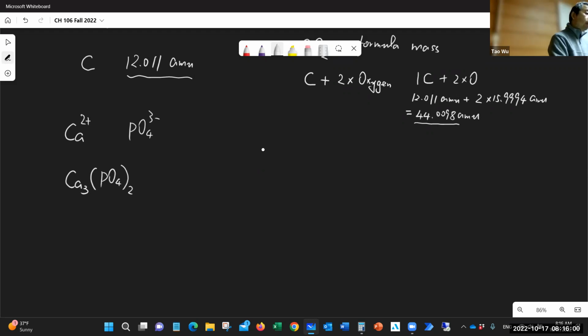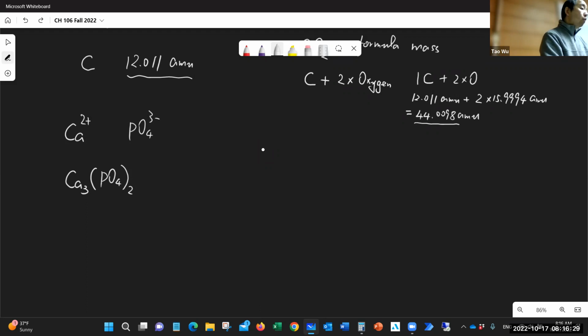Then how can we get the formula mass? Again, doing the same thing. You just need to figure out what atoms are in there. And one more tip: when you calculate how many phosphate, this 2 shows we have 2 of the phosphate.